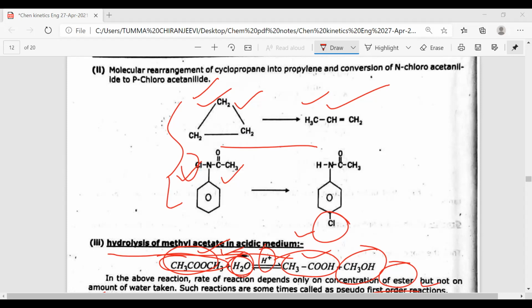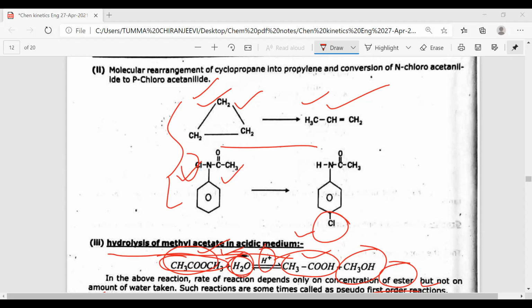Then substitute the values. A means 42. A by a minus x: after 10 minutes, that is 42 by 27. The value must be 4.42 into 10 to the power of minus 2 per minute.